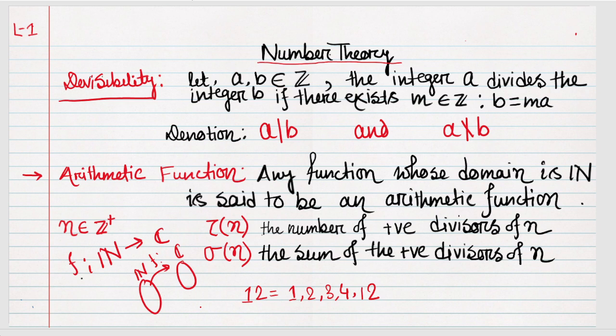Then tau of 12 equals 6, and similarly sigma of 12 will be the sum of all the positive divisors of 12, that is 1 plus 2 plus 3 plus 4 plus 6 plus 12, which is 28.